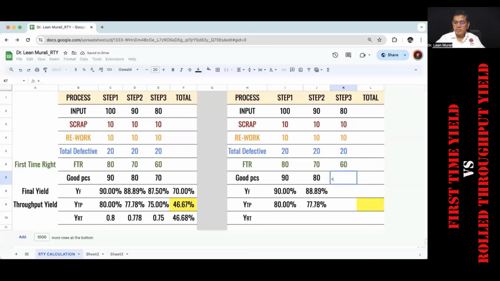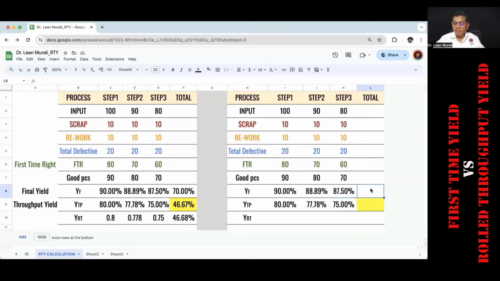Good pieces is 60 first time right, plus 10 reworked and put, so 70. The final yield is good pieces divided by whatever was the input. Whereas the throughput yield is whatever is first time right divided by this. If this is clear, type super clear in the chat box. Okay, fantastic.